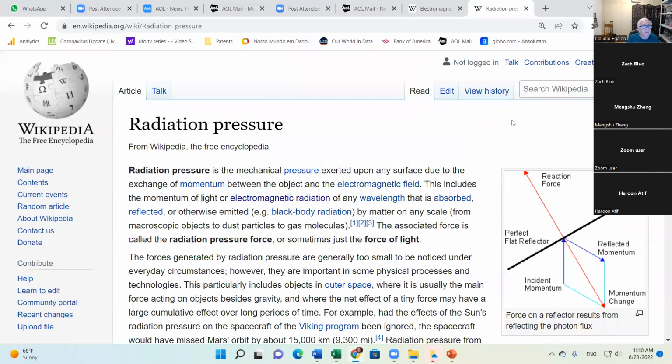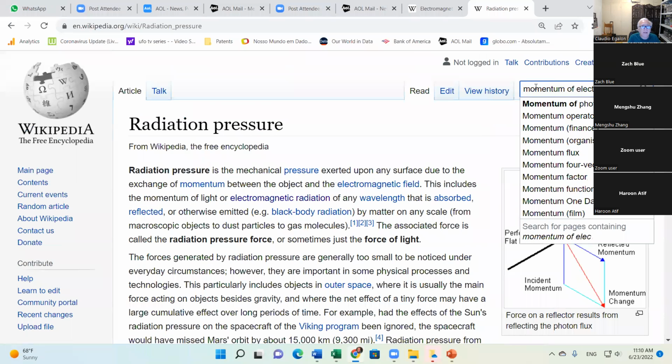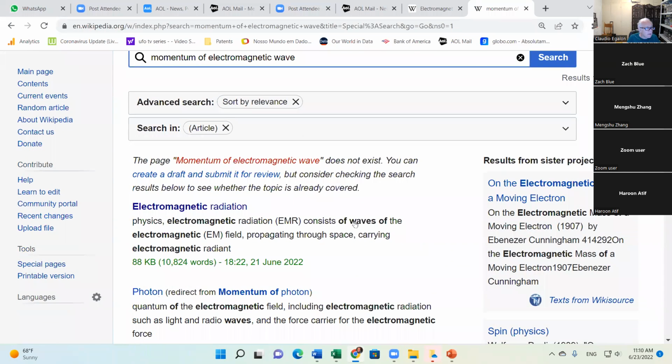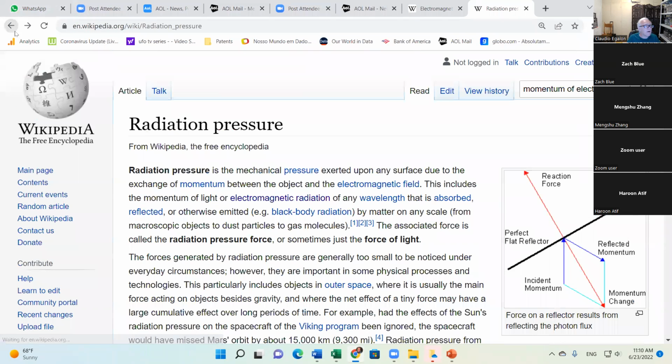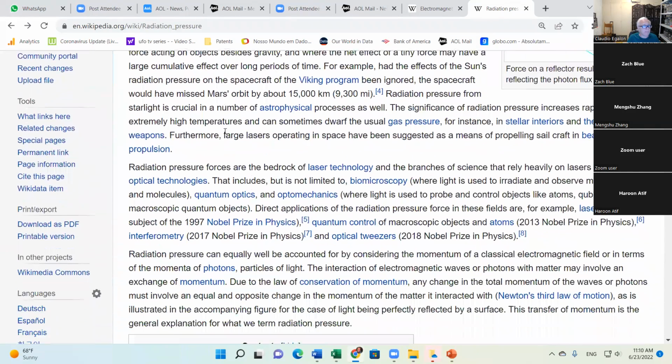Let me see if they have the specific momentum of an electromagnetic wave. Doesn't look like they have it. But they do have radiation pressure, which is related to the momentum of electromagnetic radiation.